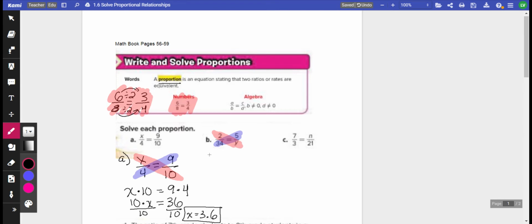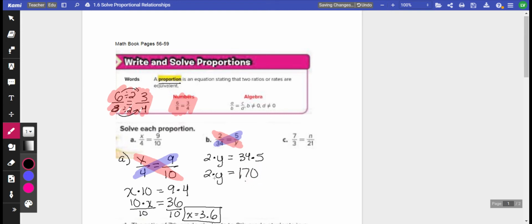I'm actually going to write it in the same order as I did before. 2 times y equals 34 times 5. Well, 2 times y, I'm going to leave that as 2 times y. And 34 times 5 gives me 170.